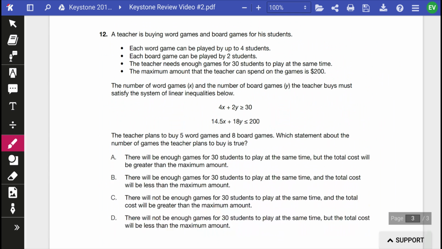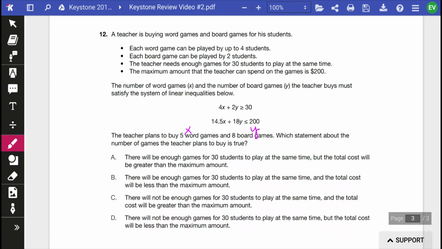So we've got our inequalities. The teacher plans to buy 5 word games and 8 board games. So which statement about the number of games the teacher plans to buy is true? Okay, so word games, remember, is X. Board games is Y. So we can take this information and evaluate our inequalities.